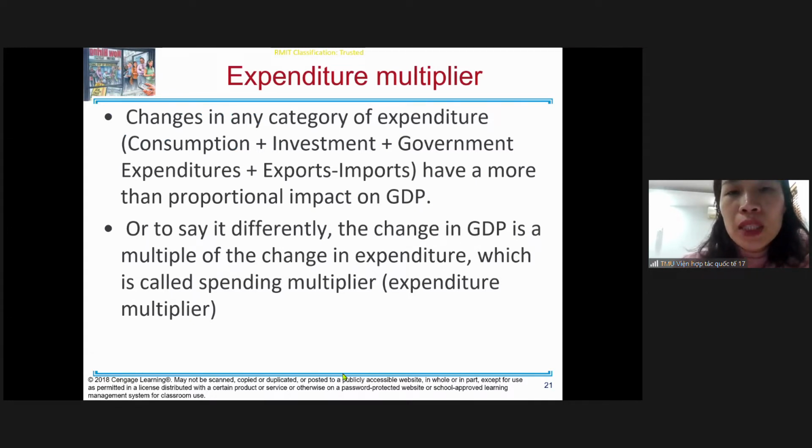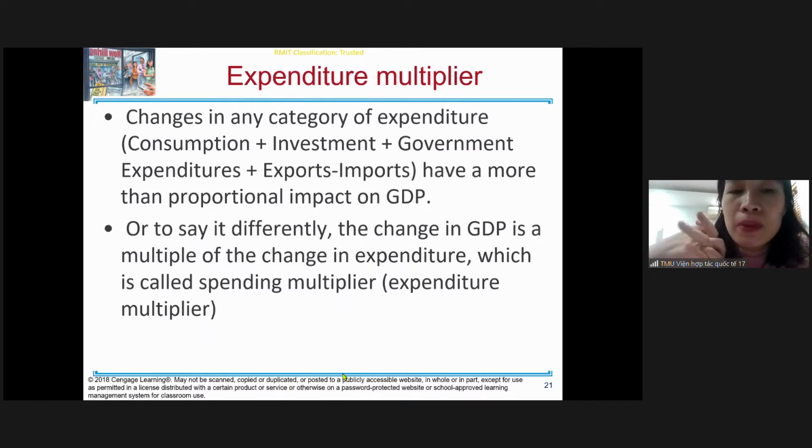Okay, so expenditure multiplier is about a change in any category of expenditure, including consumption, investment, government expenditure, and exports minus imports. Right? Consumption here is made by households and individuals, so that is an expenditure. Investment is the expenditure made by firms.